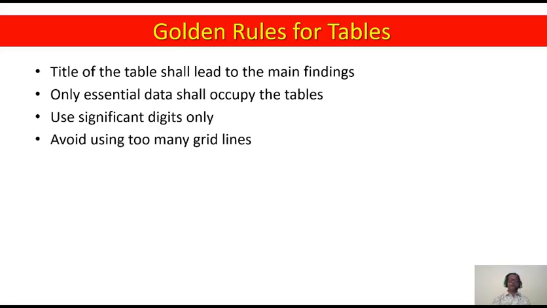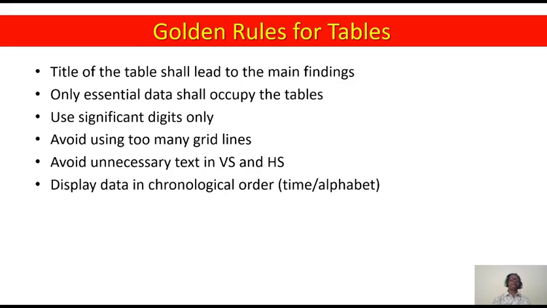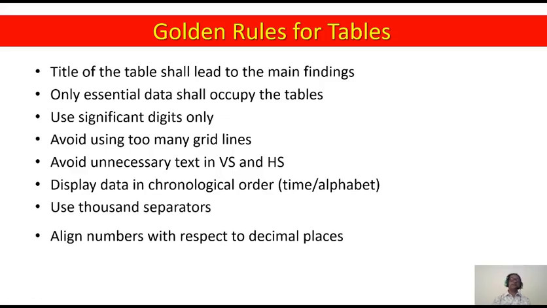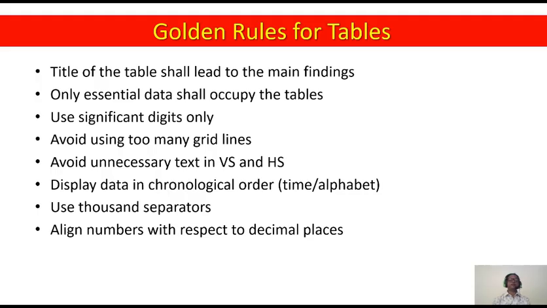Avoid using too many grid lines in the table. Avoid unnecessary text in the vertical stub and in the horizontal stub. Horizontal stub means the table column headings and row headings. Display the data in chronological order, either in terms of time or in terms of alphabets. We will see some such examples. Use thousand separators, as we already discussed in terms of numbers.